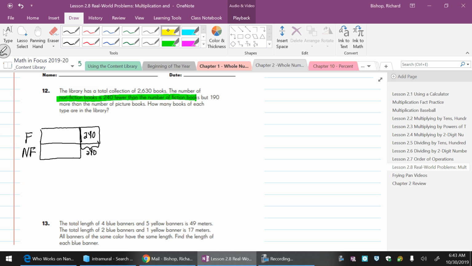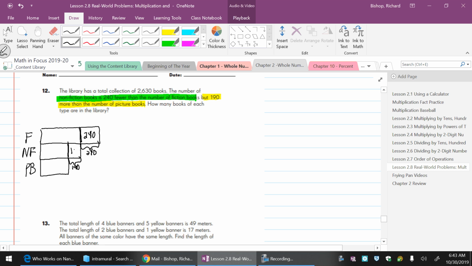The next piece of information I can see is that nonfiction is more than the number of picture books. So I come back over and I'm going to make picture books, but the picture books is the least, right? So I go picture books here, and inside the picture books I could see this is less than the nonfiction by 190, so I modeled that there. Okay. Now that space is right here.